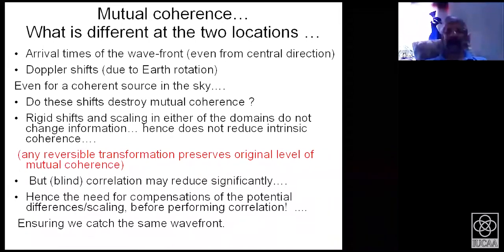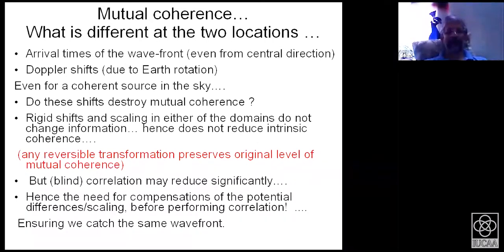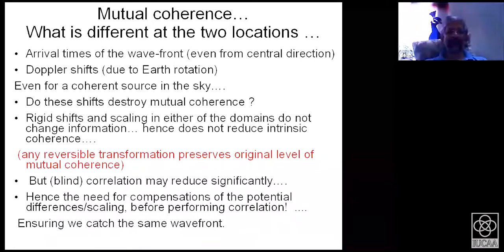And so you can take into account all the effects associated with the moving observatory or moving lab, and change the definitions appropriately of the clocks and the time and frequency associated with it. And then you will find this is exactly what you have done in compensating for the potential differences of scaling and performing correlation.